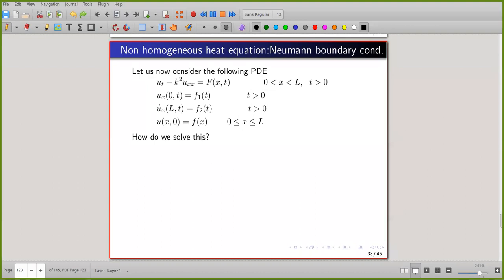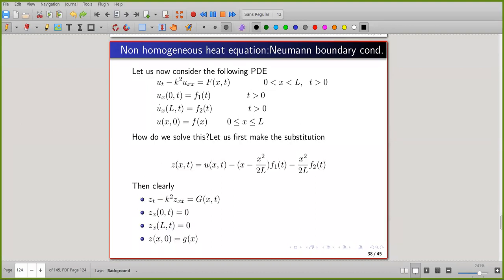As before, we make a substitution, z(x,t) equal to u(x,t) minus g, to get rid of these two boundary conditions. You can easily check that these two conditions will hold.